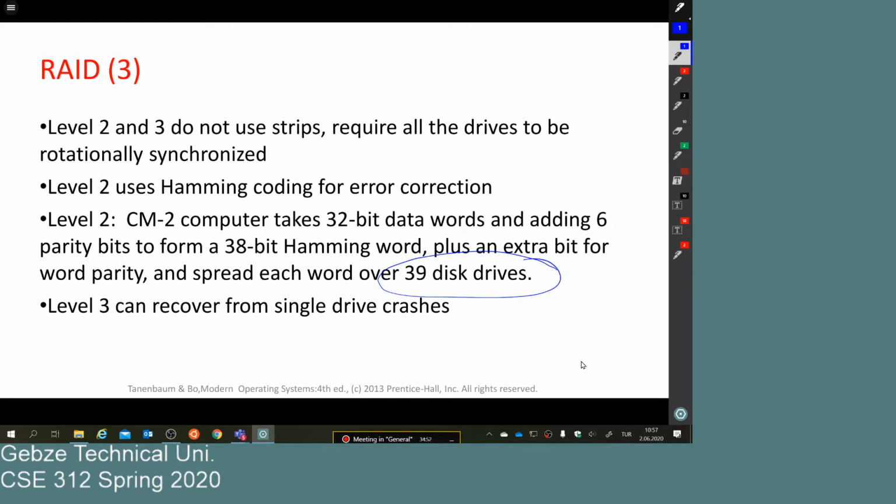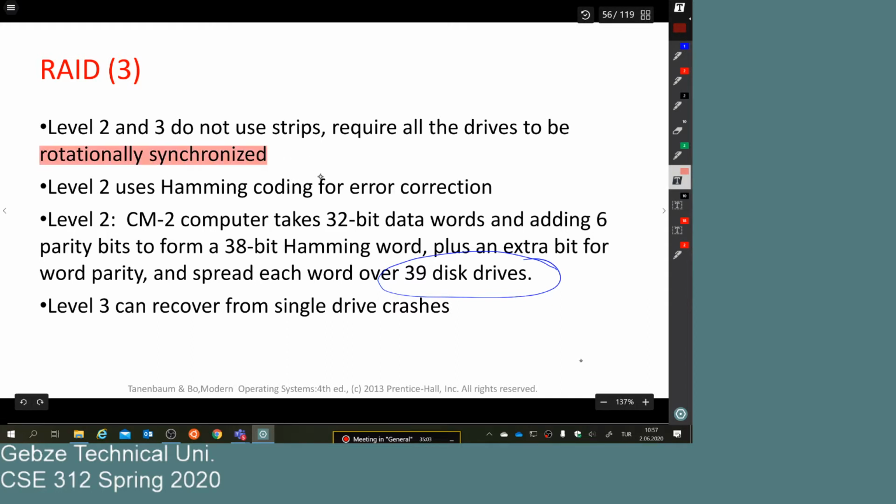Okay, let's look at RAID level 2 and 3. They do not use strips. They require all the drives to be rotationally synchronized. This is important: rotationally synchronized. That needs hardware help. Both level 2 and level 3 use error correction.